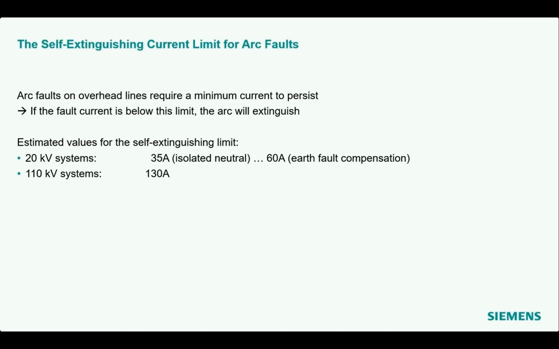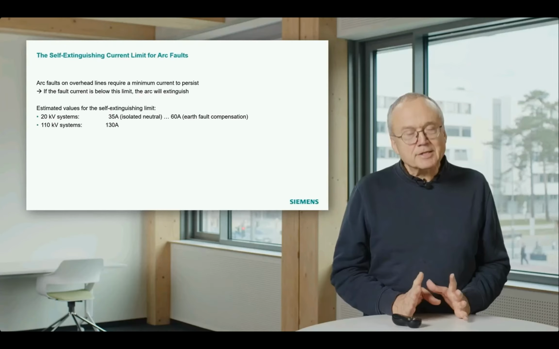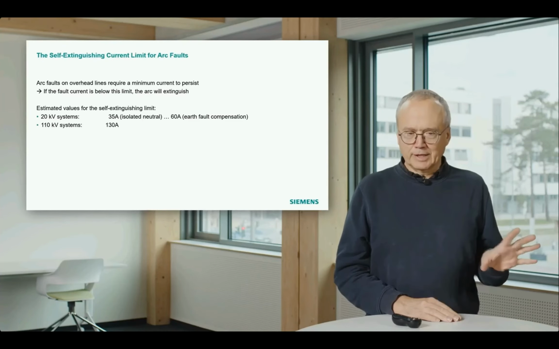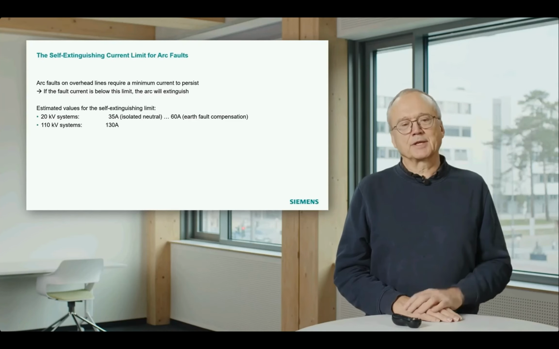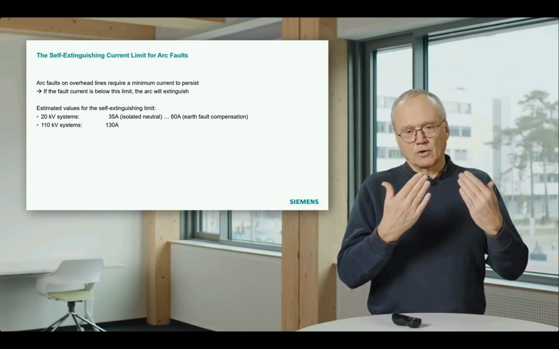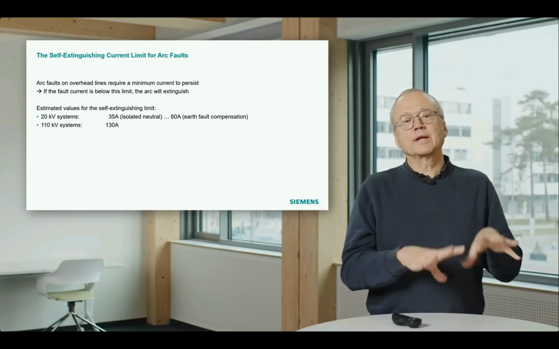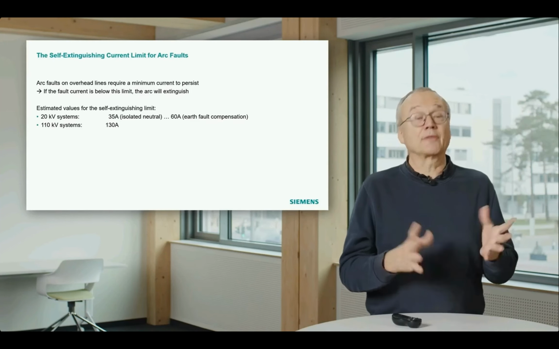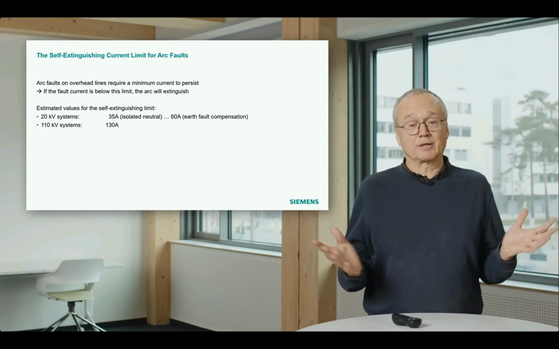In a 20 kV system, this limit is for a system with isolated neutral, what we are discussing in the moment, around 35 amps. That means if the capacitive current in case of an earth fault is below 35 amps, then an arc on an overhead line will extinguish without doing anything. And that is an advantage. You don't have to trip anything.